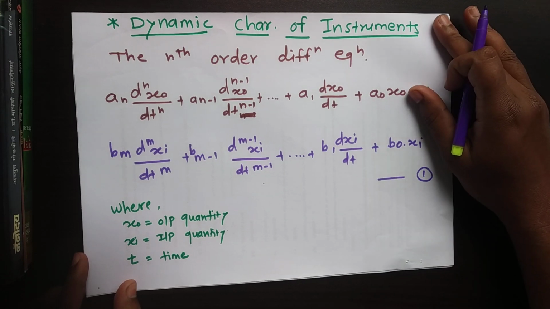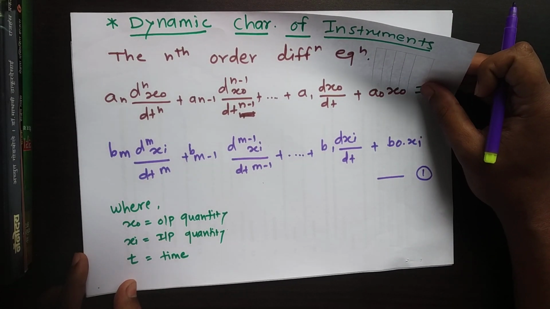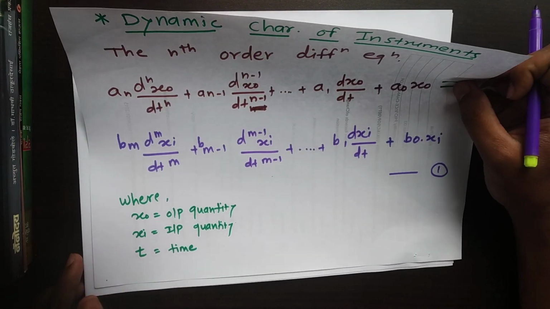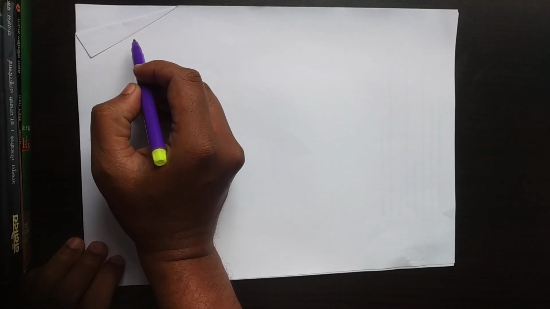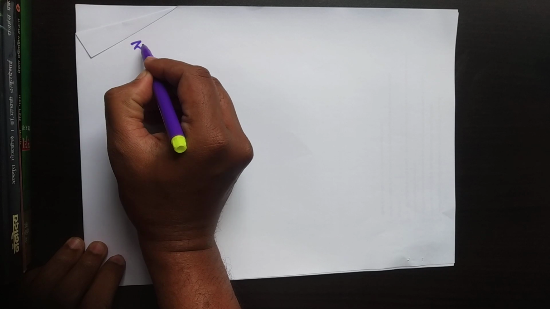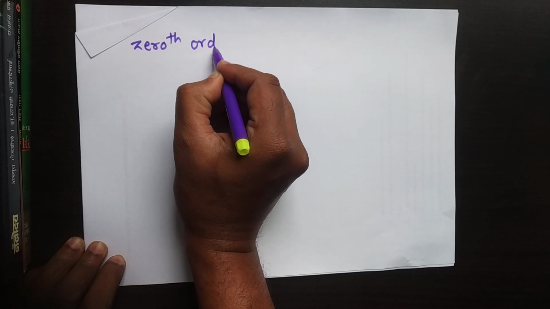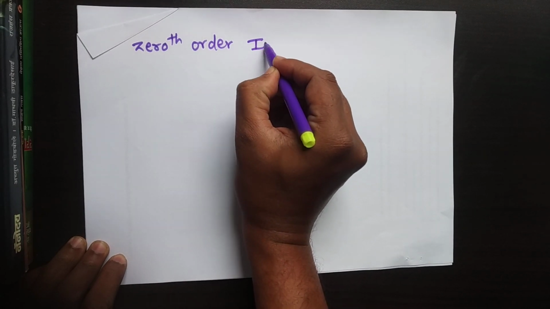So now we'll find out the equation for the zeroth order instrument. So for the zeroth order instrument, so I will write here zeroth order instrument.